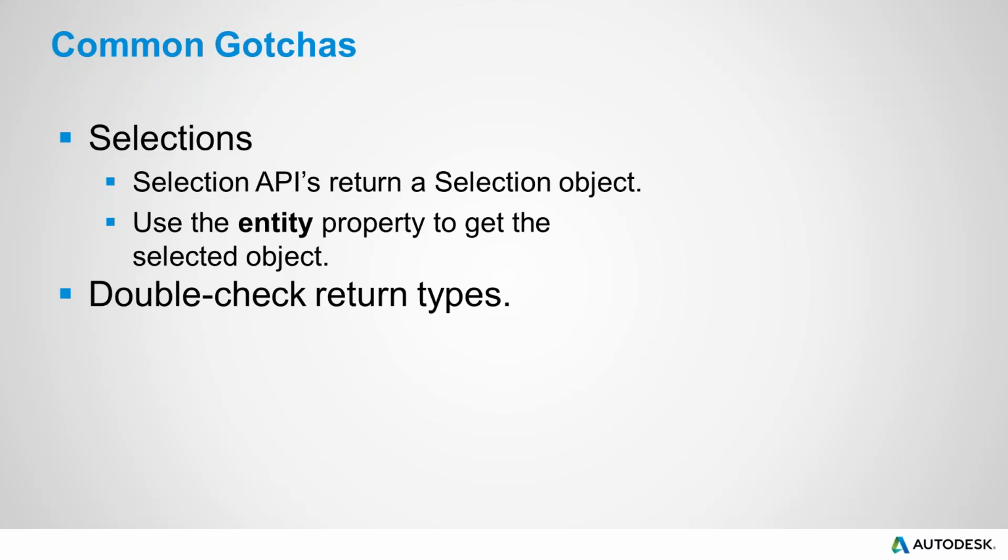Check and see what you've got, because that's a common thing: you're expecting one thing, just like this selection thing, but then it's something else. Like you might be expecting to get back some single object, and it's really returning an object collection because there could be multiple entities.